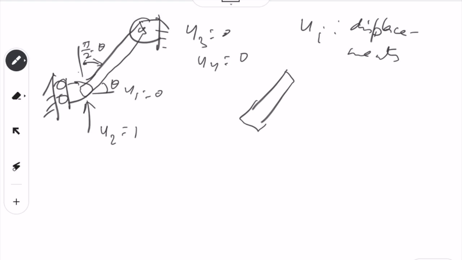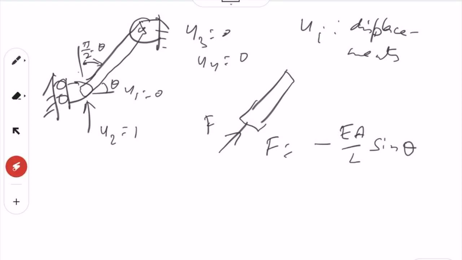the new force F, which will be equal to minus EA over L, and instead of cos theta you will have sin theta. Why sin theta? Because the angle is now pi over 2 minus theta.